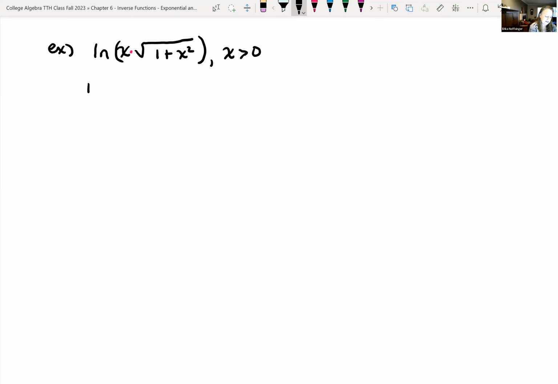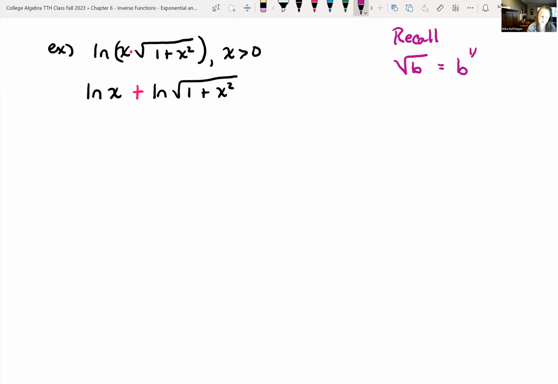So this is the same thing as the natural log of x plus the natural log of the square root of 1 plus x squared. So recall, you can rewrite radicals as rational exponents. So recall, if you have the square root of b, this is the same thing as b raised to the 1/2 power.